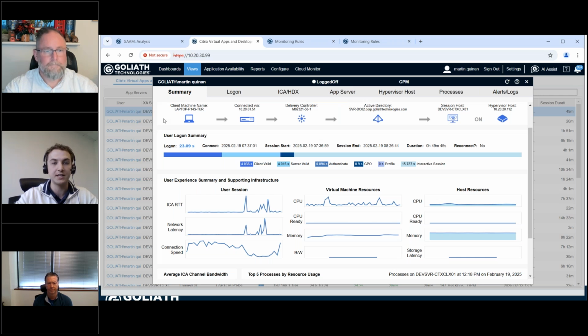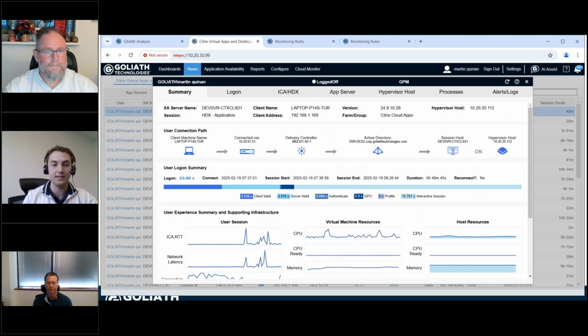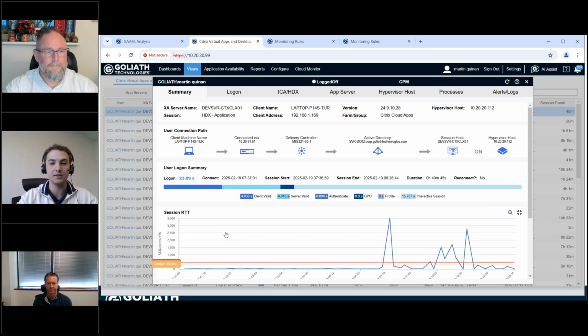You'll see in this example, being able to understand if this user were to call in about slowness in session, we can quickly identify things like the latency experienced by this user.